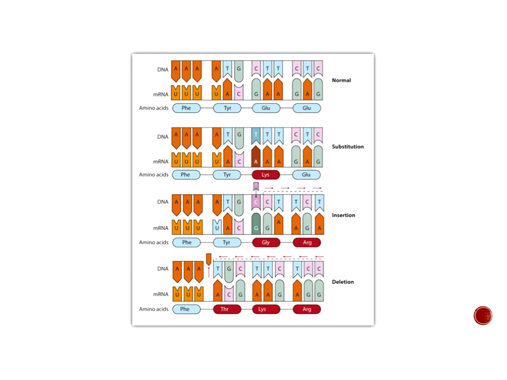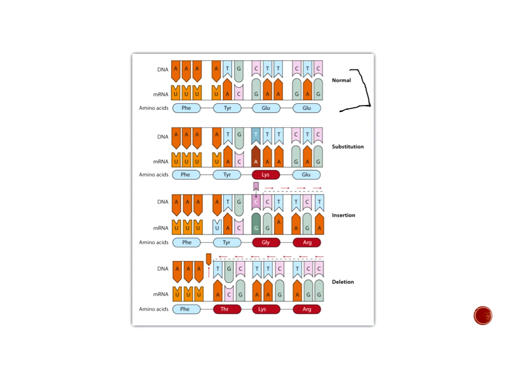This top one here is our normal transcription where the DNA has no mistakes. So the messenger RNA that forms is where it's supposed to be, and those are the amino acids that were supposed to be translated from that DNA. In a substitution, which is what we saw happening in the question we just did, we have one of the bases being switched out.